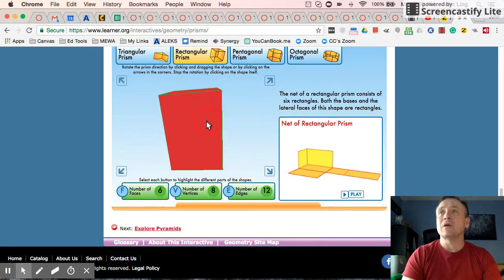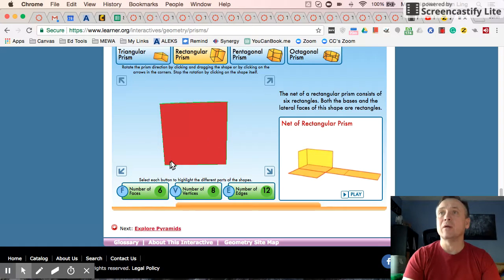So a couple things to note is that with a prism like this, all these lines are parallel. So in other words, this line here is parallel with this line here. This line here is parallel with this line here. That means that this edge and this edge are the same length.